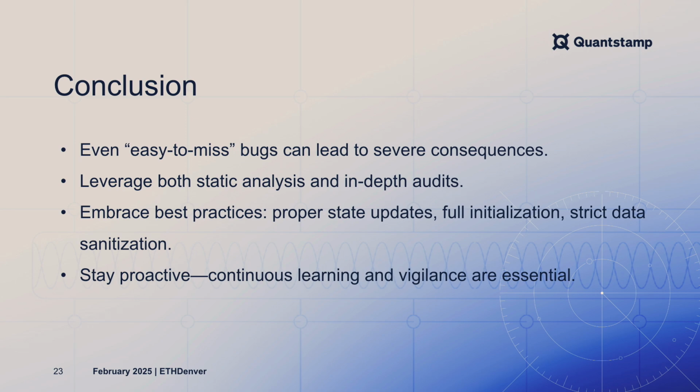Do not rely on default values. It's even safer to assign the default values explicitly than to just assume that they're going to work. And always, always sanitize the data, especially if it's user provided. So stay proactive. Always read up on crypto Twitter, security best practices, and recent hacks, and stay safe out there.